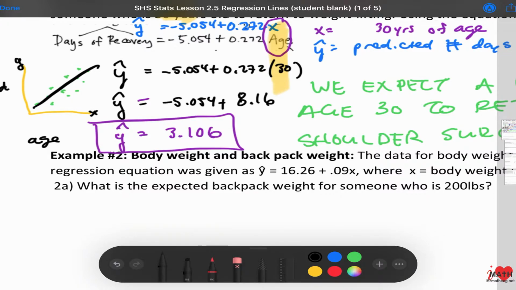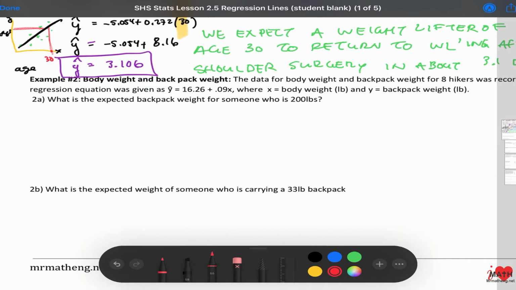Y is days. If someone is age 30, what is happening there? And we're figuring out over here on this side, number of days. Okay?